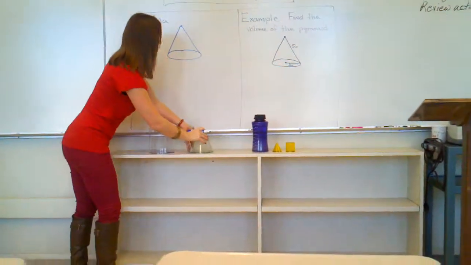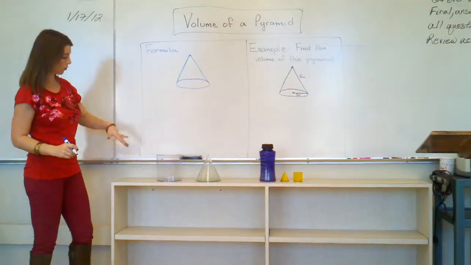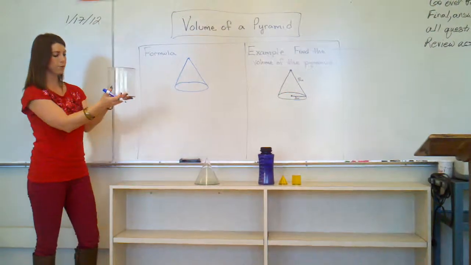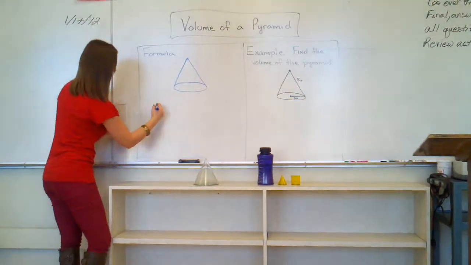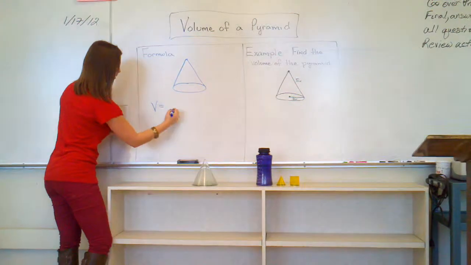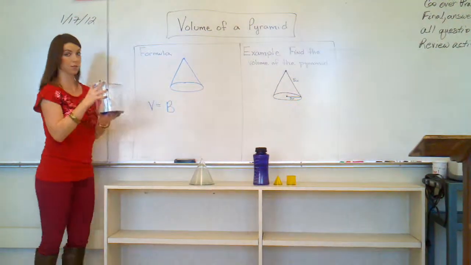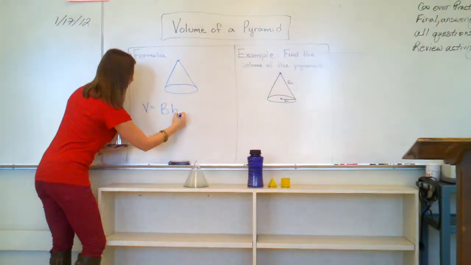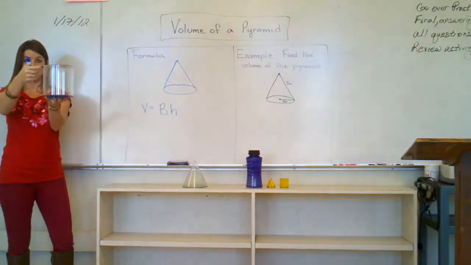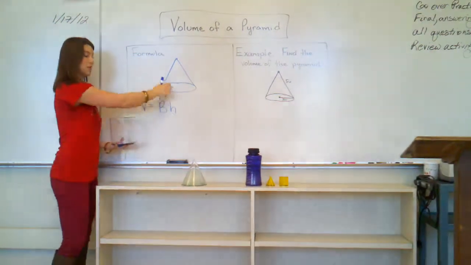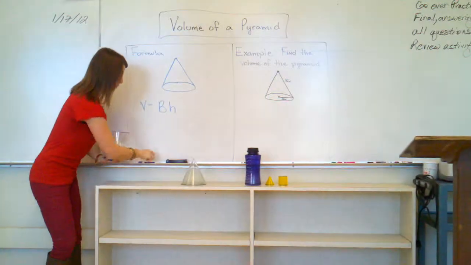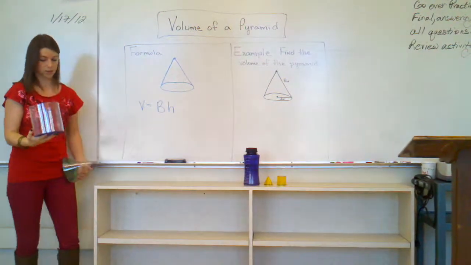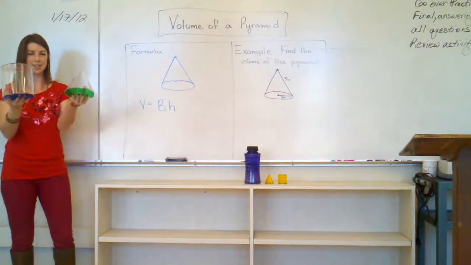Okay, so for the formula of the cone, if you recall, the formula for the cylinder was volume equals, that's capital B, remember that's the area of the base, times the height. Remember that's this height here. And for our cone, it's very similar. But if you look at the two shapes, there's no way they're going to have the exact same formula.